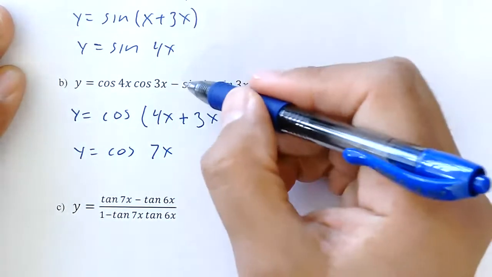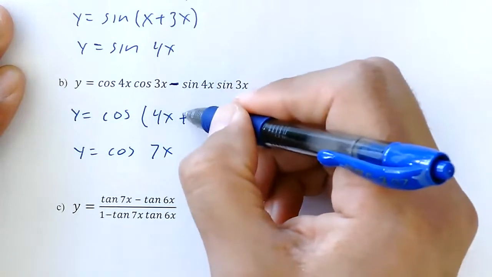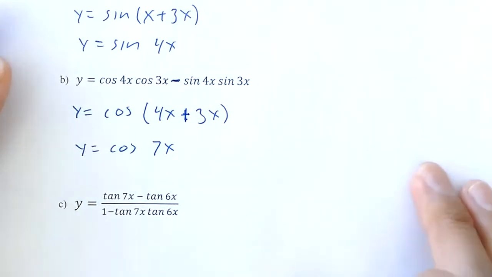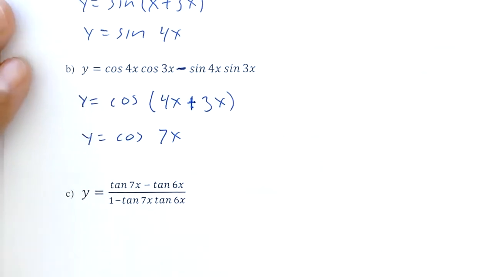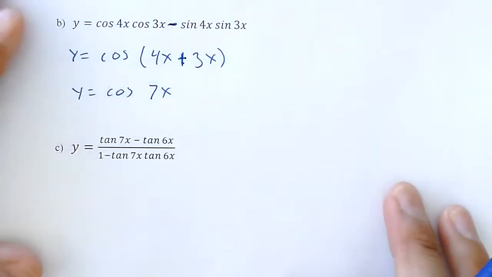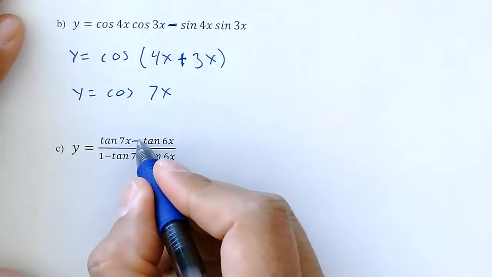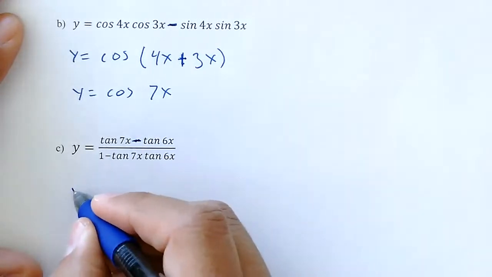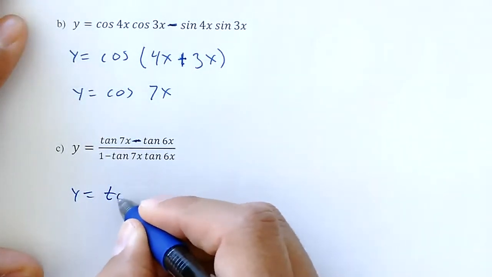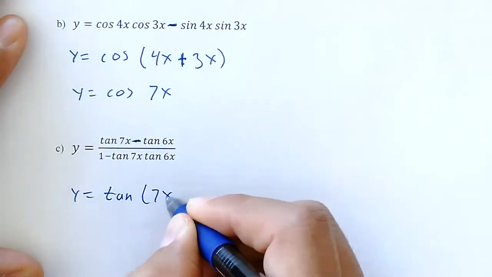A hint for the cosine: if this is minus, this would be a plus. For the tangent, if you have a minus on top, that will be a minus.